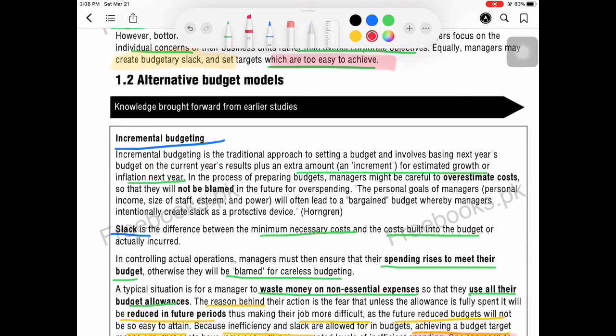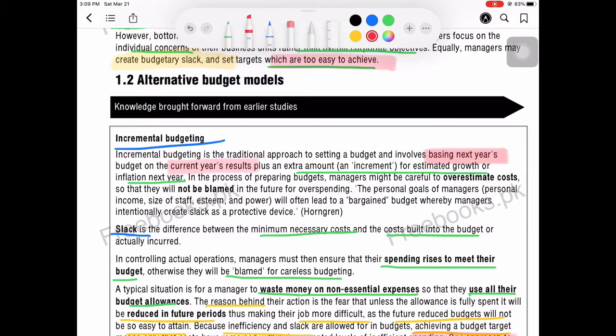these factors. Okay, so incremental budgeting is the traditional approach to setting a budget and involves basing next year's budget on current year's results plus an extra amount. So here it is saying that involves basing next year's budget on current year's results.